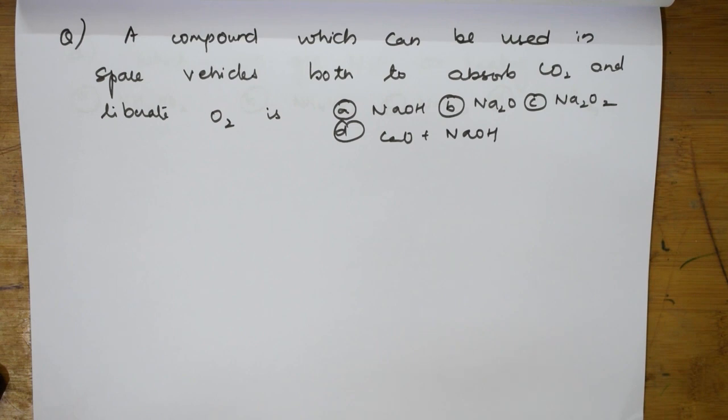They've given us sodium hydroxide, then Na2O, then calcium oxide, then sodium hydroxide again. So which is used in the vehicle? Fine. Such questions are basically direct questions, isn't it? So you just need to have the information about this.